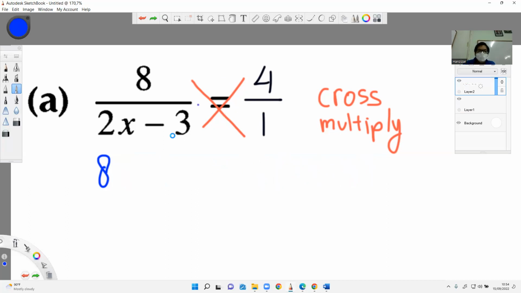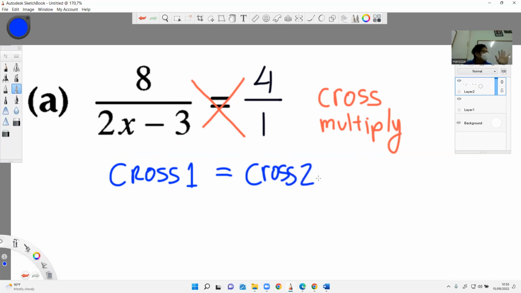Again. Cross 1 equals cross 2. There we go. I think this will be the easiest understanding. Cross one, which is cross one? Anything? 8 times 1. What if we use the bracket 2x minus 3? Yes, okay, you can do both.